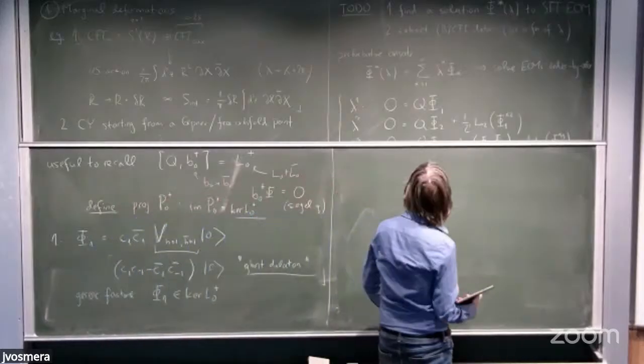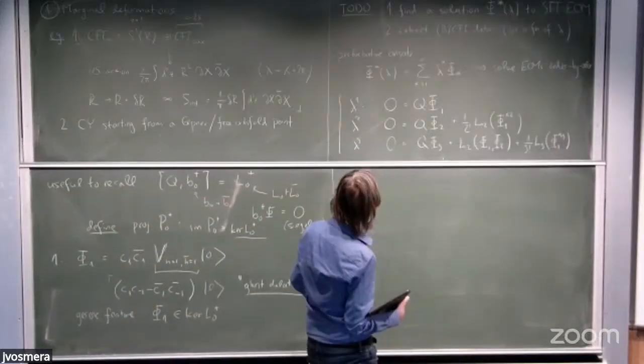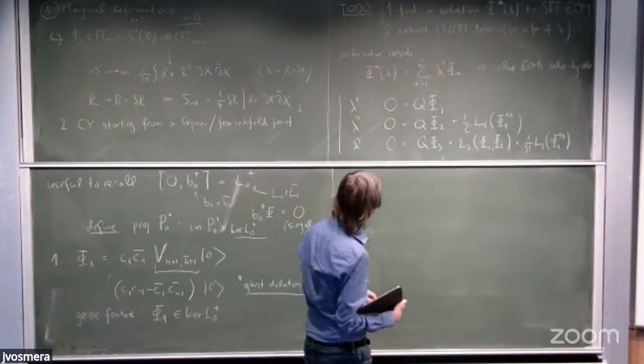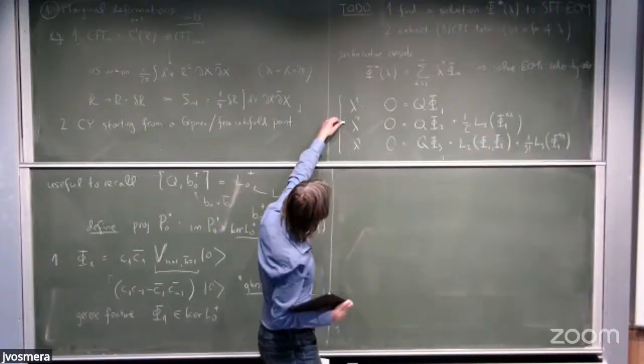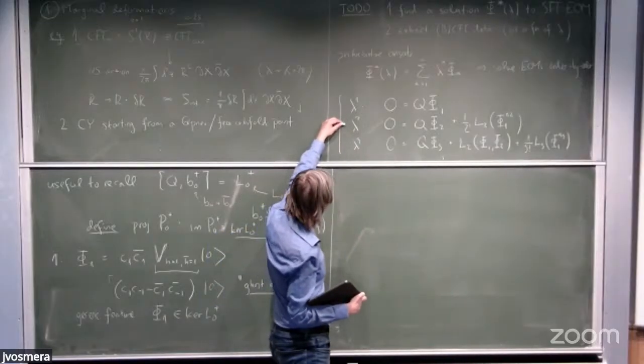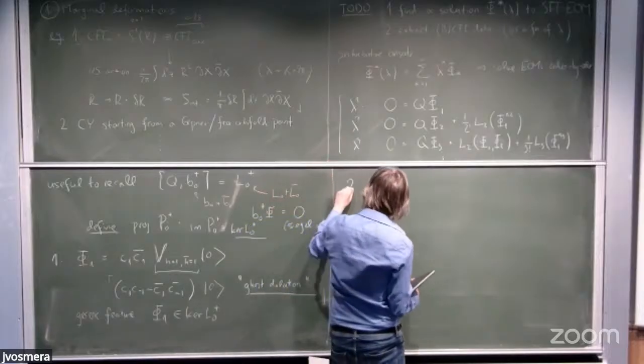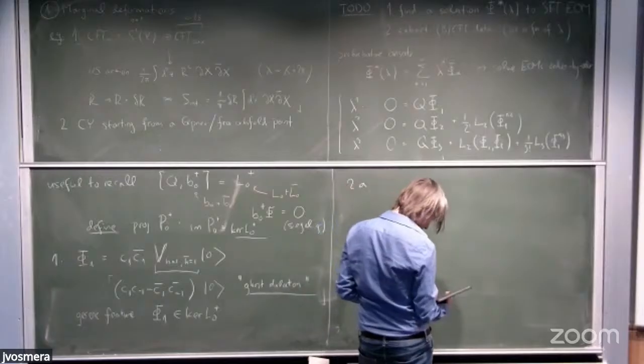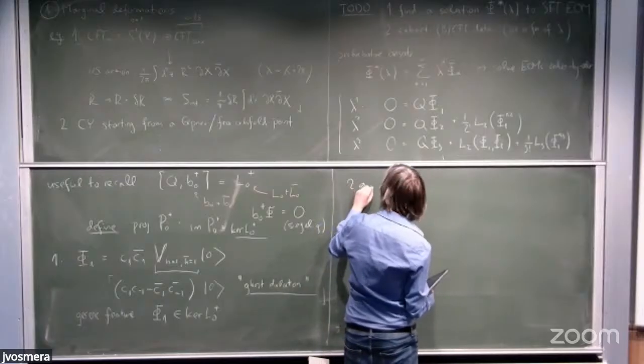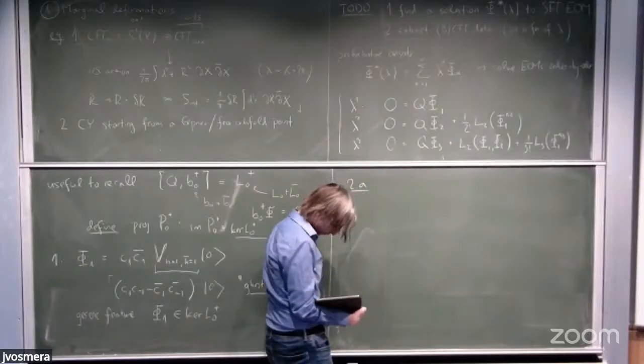So now we should take this phi 1 and feed it into the equation of motion which arises at second order in lambda, and try to solve it. That will be done in a number of steps. So let me start with step 2a.